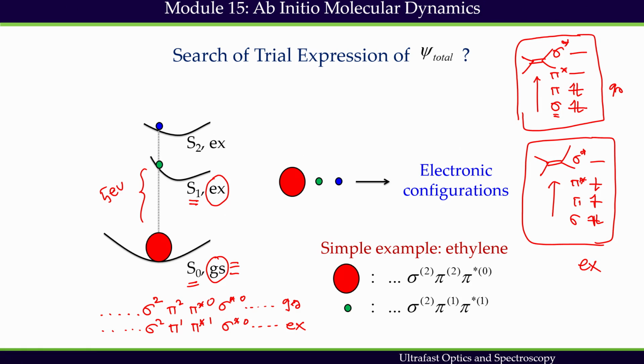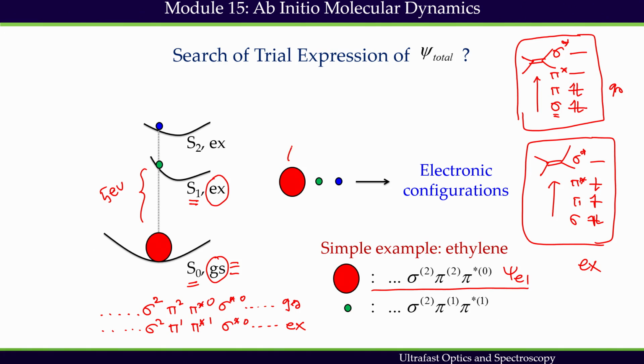This way one can think of creating many configurations. If the system is in the ground state, we will assume that the total electronic wave function can be expressed mostly by this one. Pictorially, what we have shown here are balls.